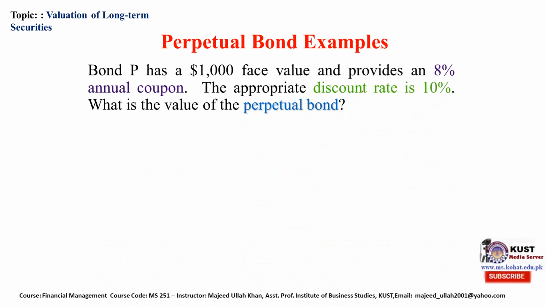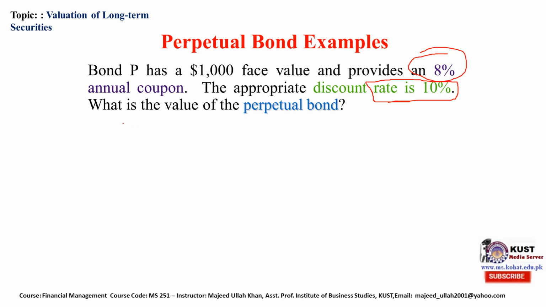Next, perpetual bond example. Let's suppose bond P has 1000 face value and provides an 8% annual coupon rate, that is the coupon rate basically. The appropriate discount rate means the rate at which you are willing to invest in the same kind of bond or at the same risk level.